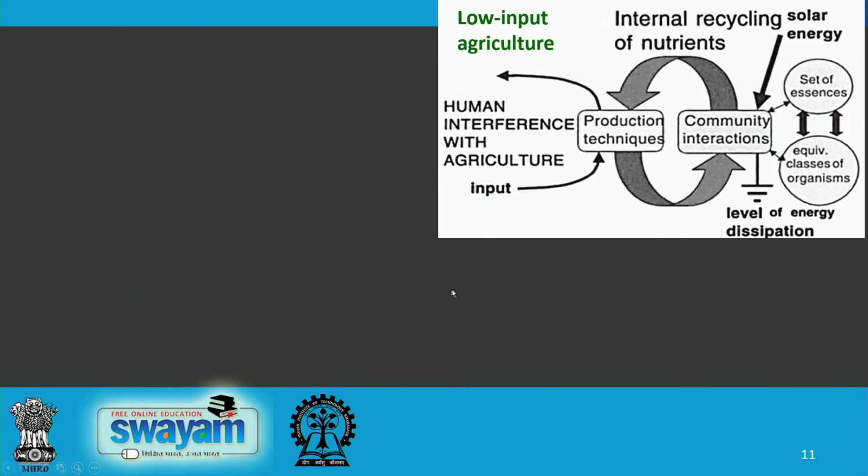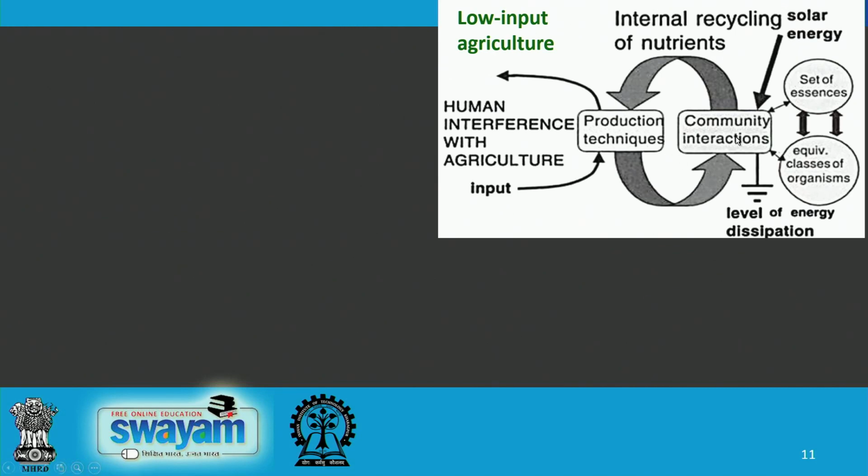Agriculture in the subsistence world is considered as low input agriculture, which is a very simple process, where we have the human interference with agriculture in terms of managing or arranging the resources as inputs. There are different production techniques which the farmers of the world have evolved over a number of years.